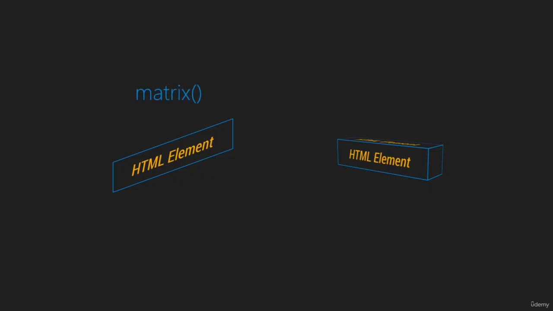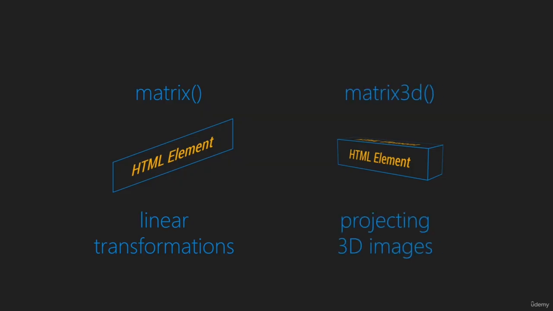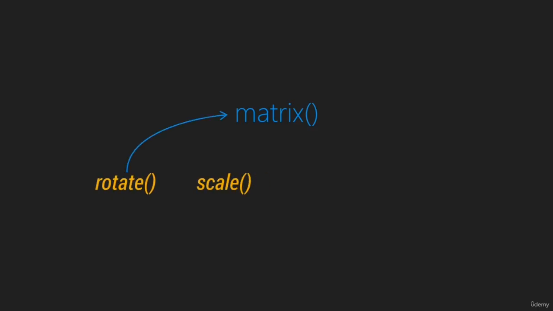So the matrix function is used for linear transformations, and the matrix 3D function is used for projecting 3D images. The matrix function integrates all the transform functions into one, that is rotate, scale, translate, and skew.